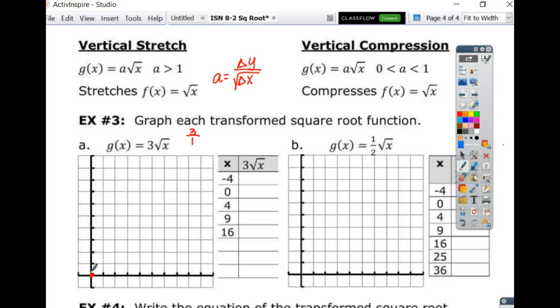Normally it's 1, 1. But now where will it go? 3, 1. Do we see? Because if I count up 3 and over 1, the square root of 1 is 1. So this is 3. Okay?